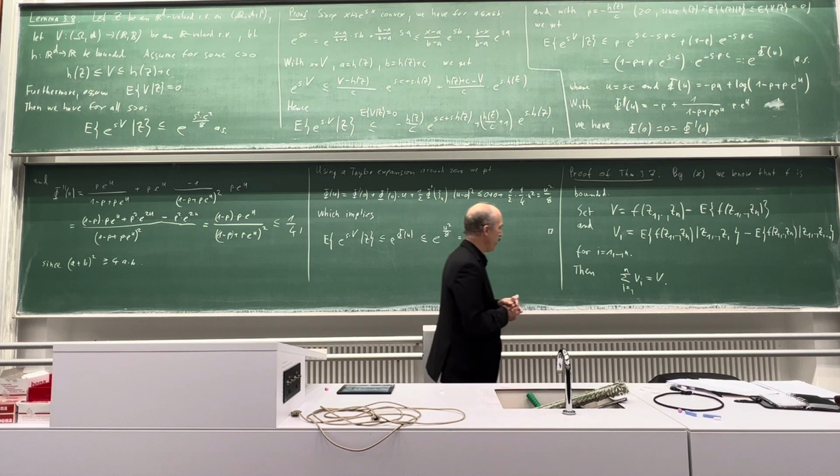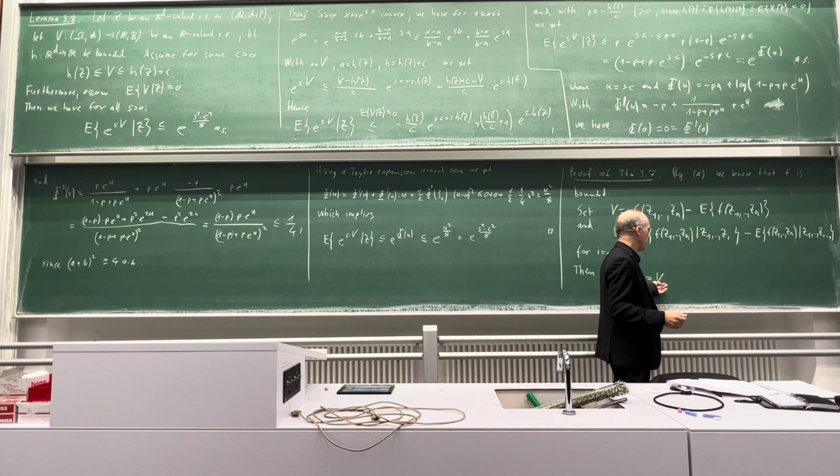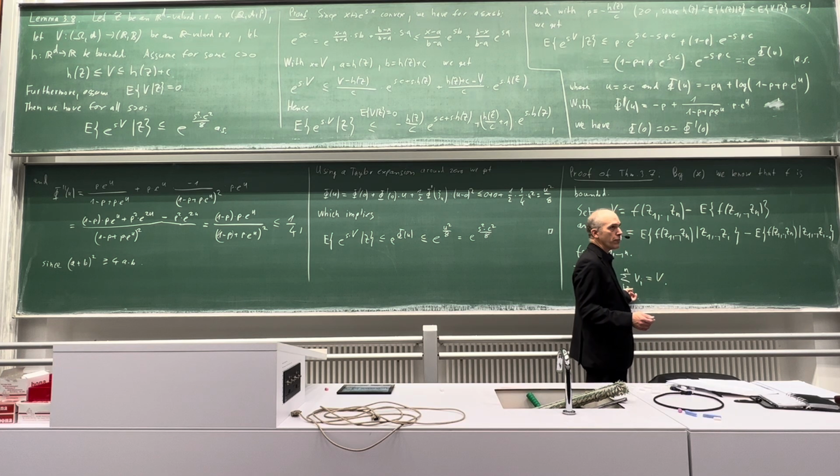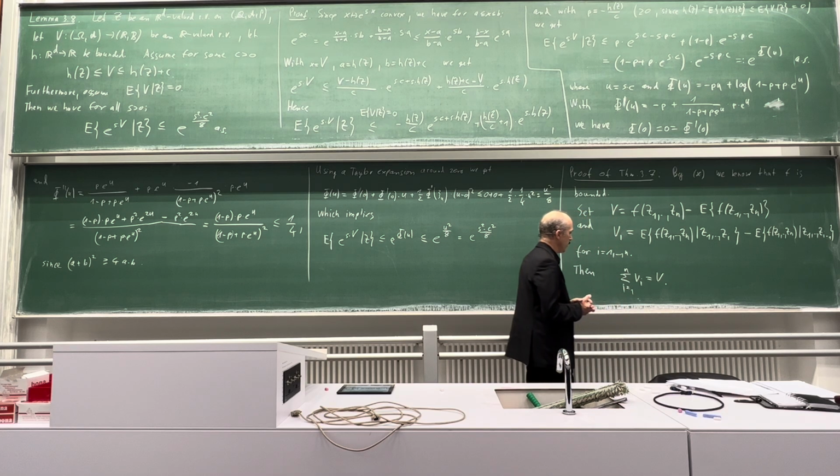And what I have to derive is an upper bound on the probability that V is greater or equal than epsilon. So I have to derive an upper bound on the probability that this random sum here is greater or equal than epsilon.